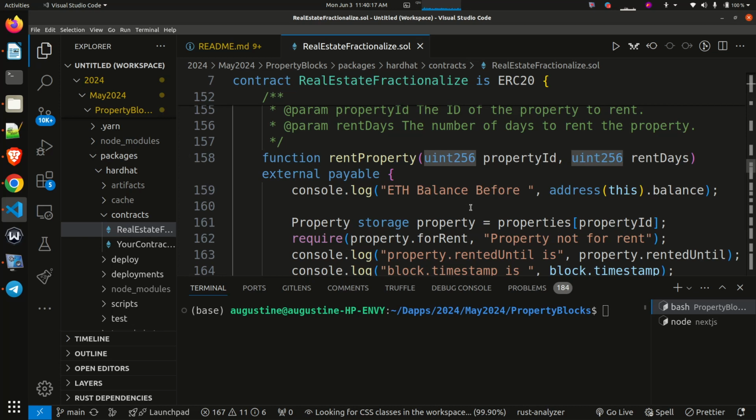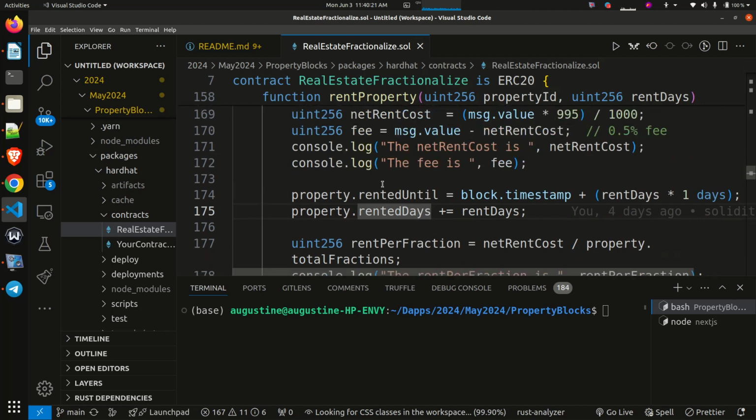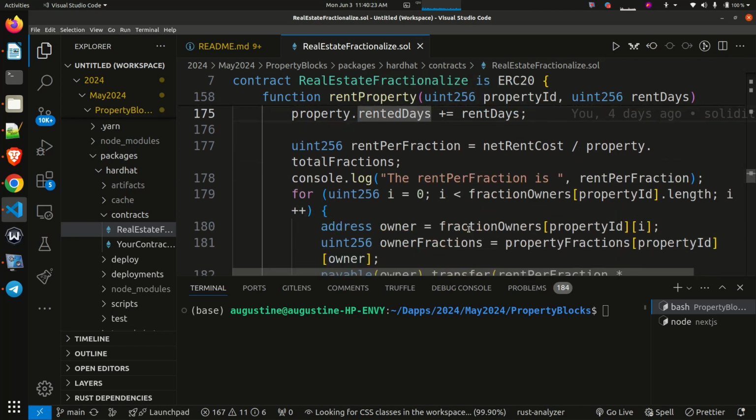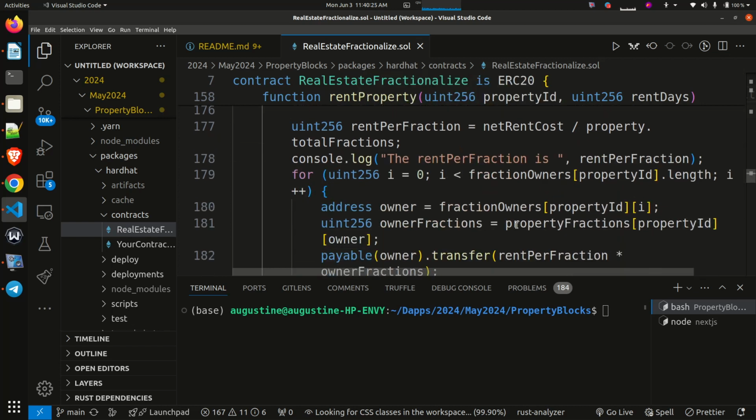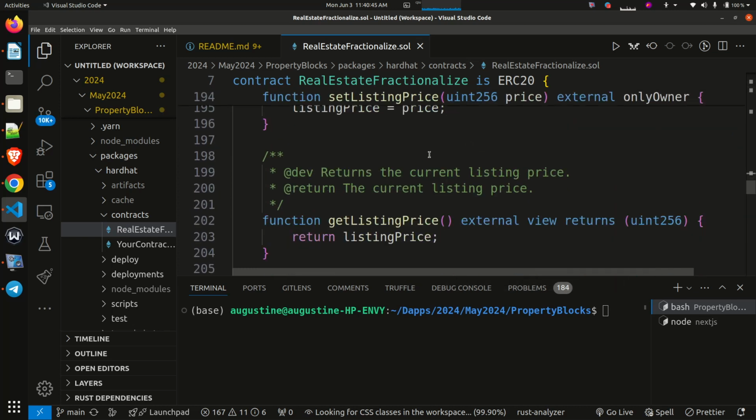So if you can see in the code, you see rent per fraction multiplied by the owner fraction of the property ID. So whatever you have, rent per fraction multiplied by the total number of fractions you have, it is sent to you. So those rent are additional investment gains that you can make just by being part of the property.